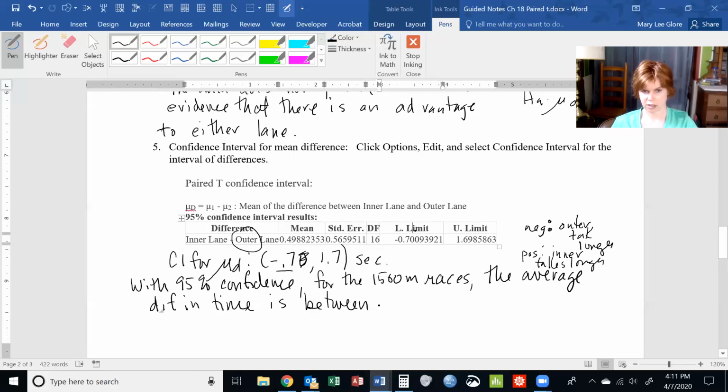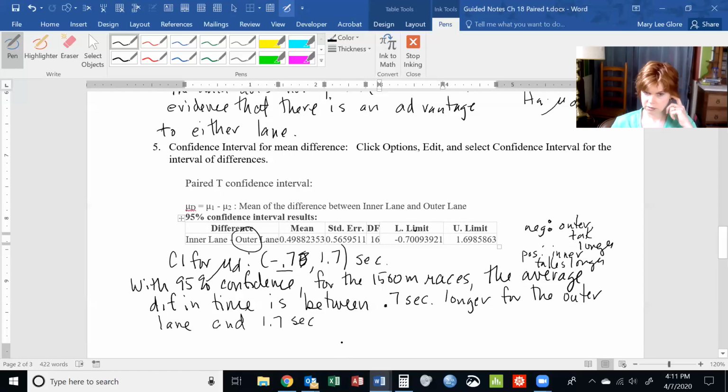In between, the average difference of time is either 0.7 seconds longer for the outer lane, and 1.7 seconds on the other side, longer on the inner side.